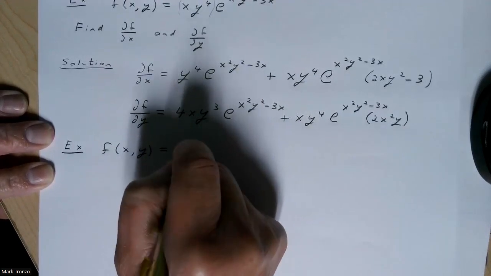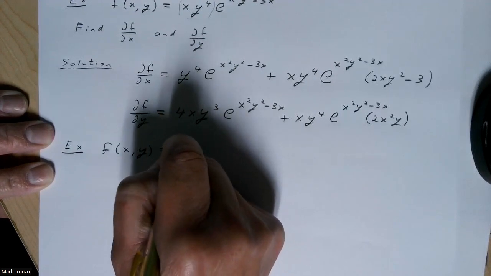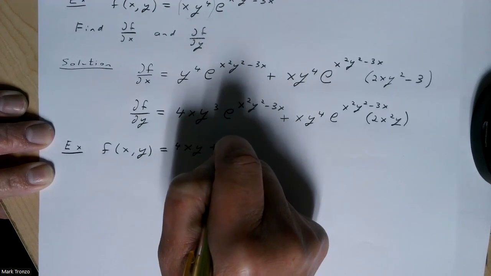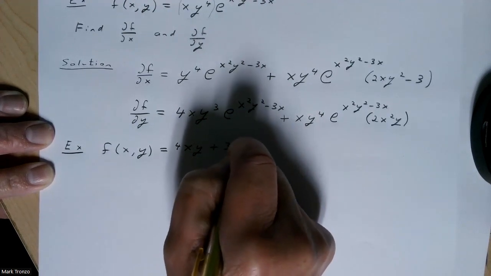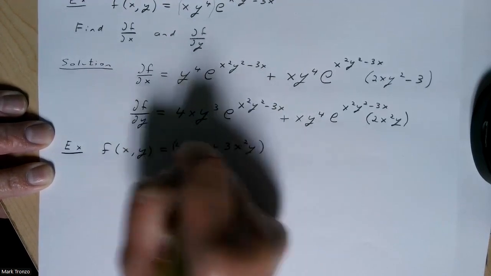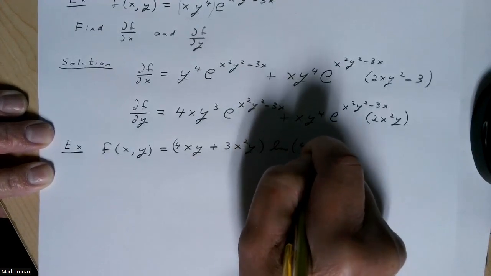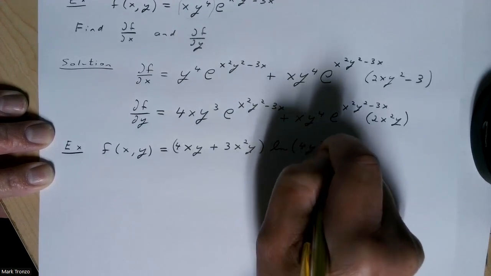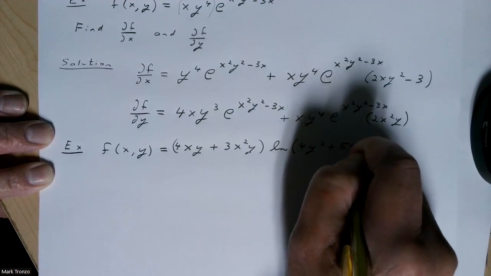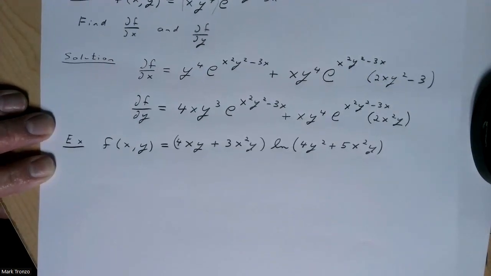Let's say we have maybe 4xy plus 3x squared y times the natural log of 4y squared plus 5x squared y, like this. So let's take a look at this one.